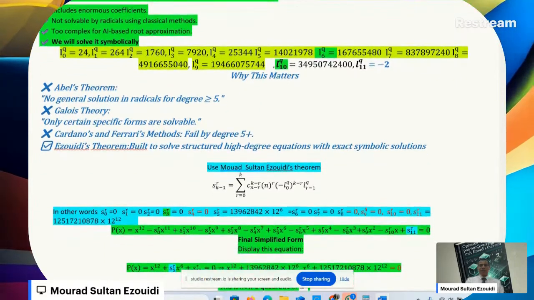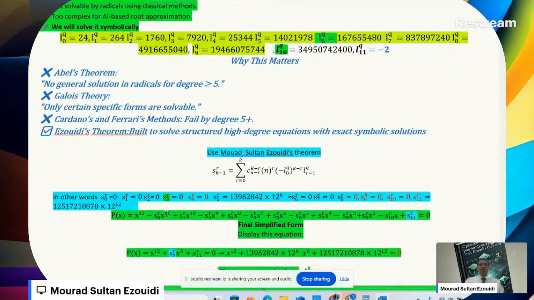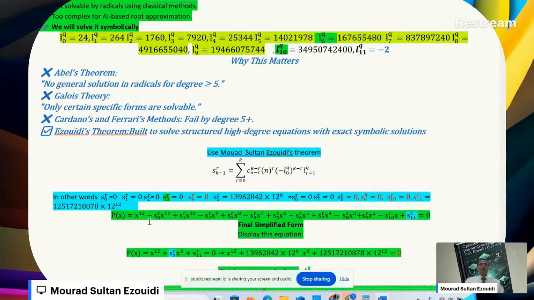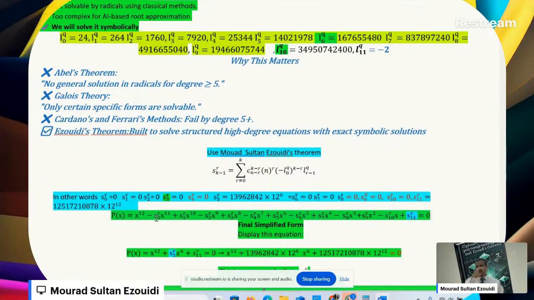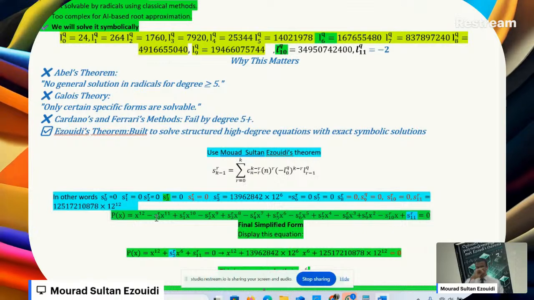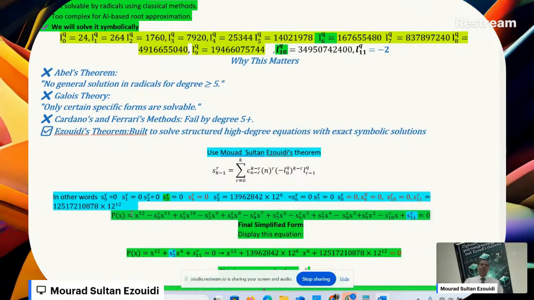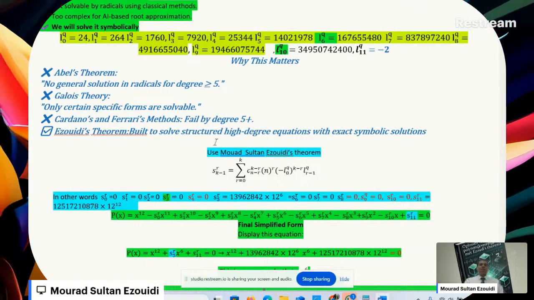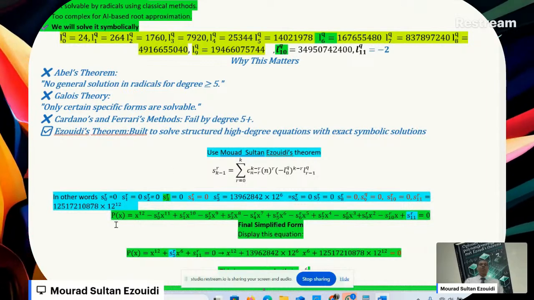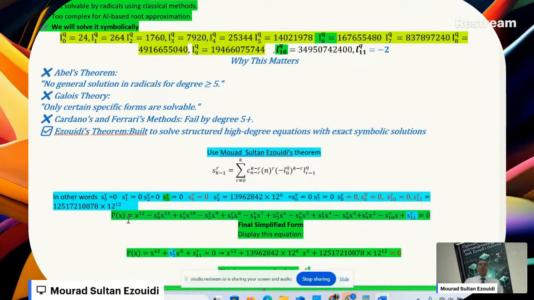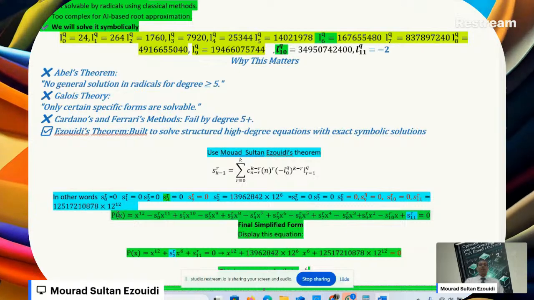Let's come down. So our new 12-degree equation has to be written in terms of S subscript k minus 1. So P of x, the original 12-degree equation, has to be reduced to this form to the power 12.